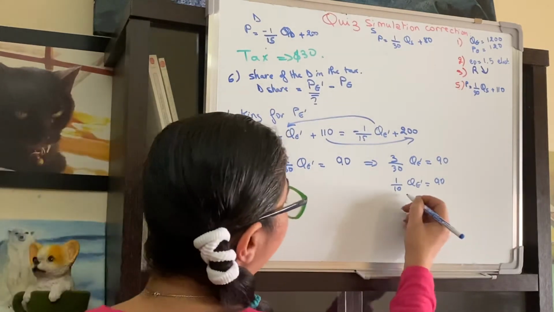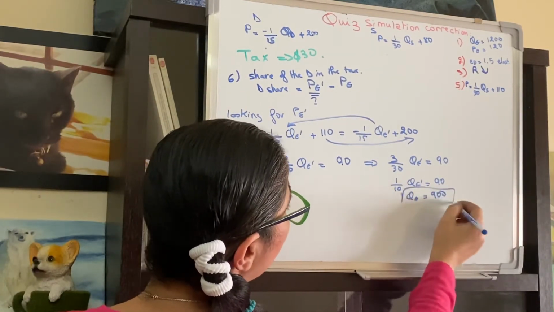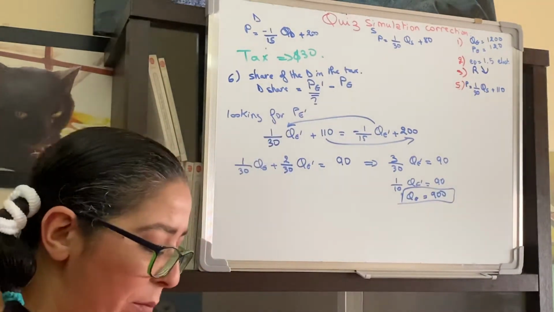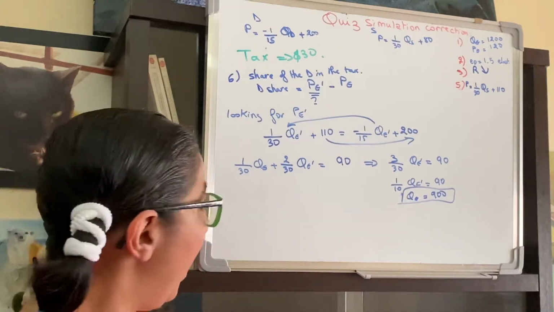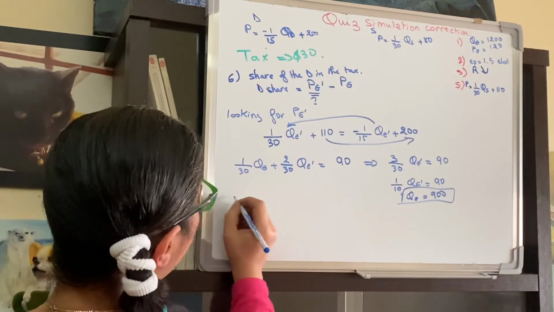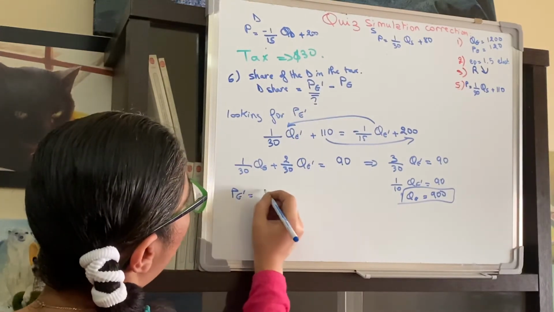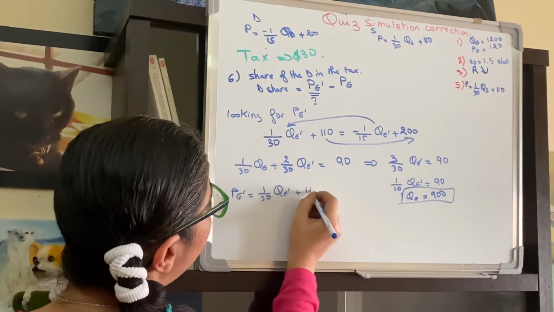Okay, so QE prime is equal to 900. So you find your QE prime, you replace it in any one of the two equations in order to find your PE prime. So let's do it in the supply. So PE prime is equal to 1 over 30 times QE prime plus 110.